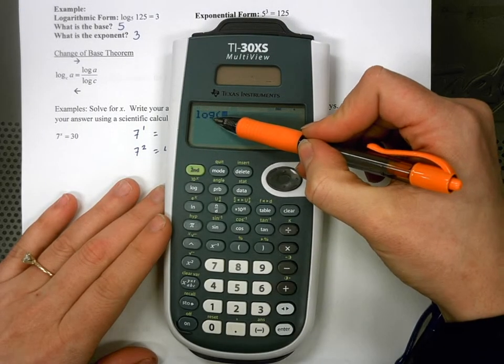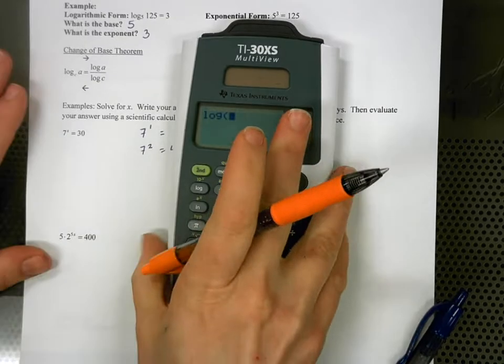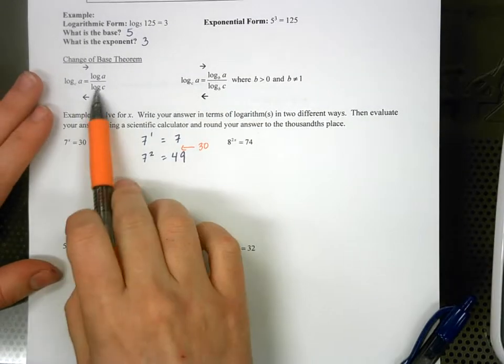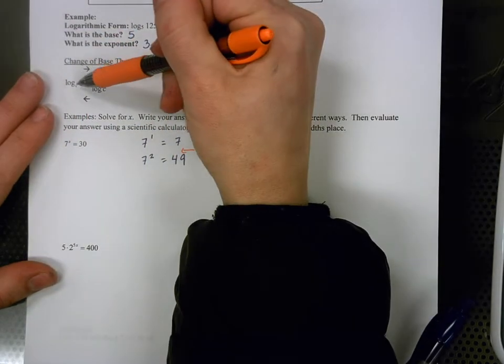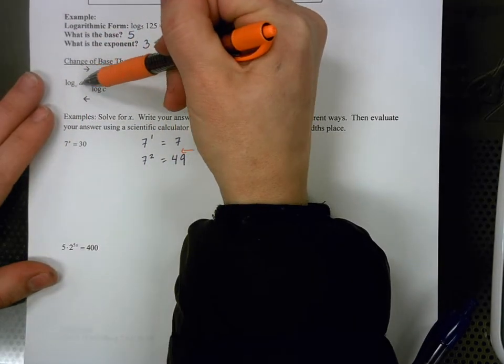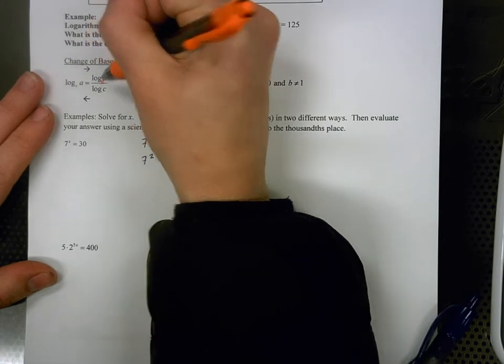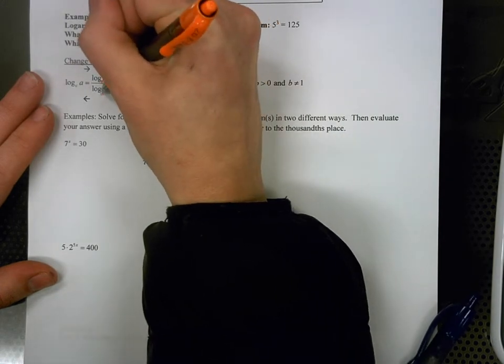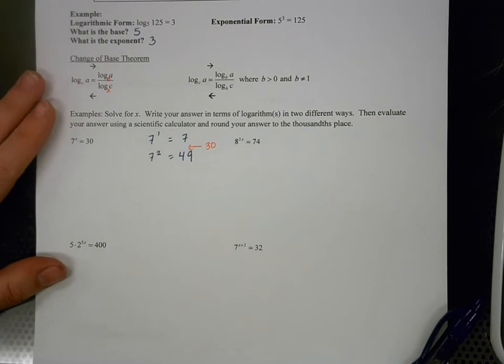And you know that if it doesn't show the base, it's automatically base 10. So we can change to base 10 by using this equation up here. So log base c of a converts to log base 10 of a over log base 10 of c. And then we get to use the calculator for it to answer.